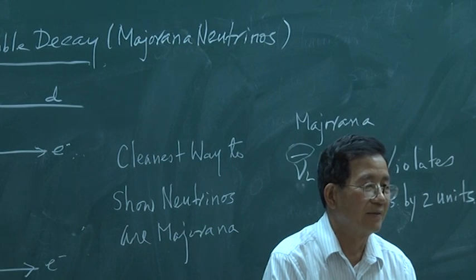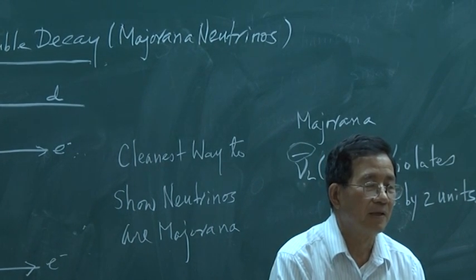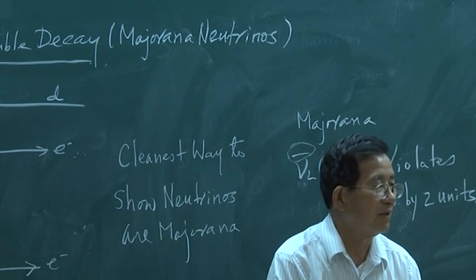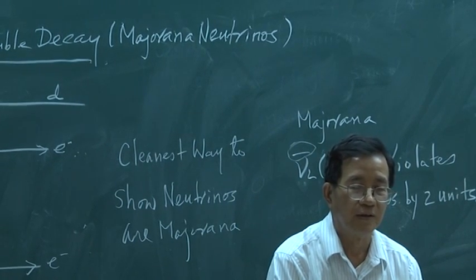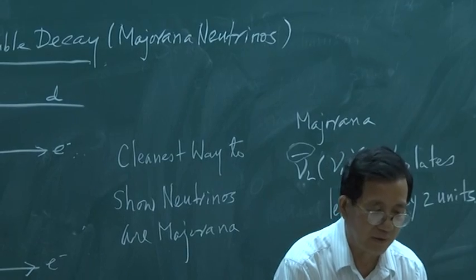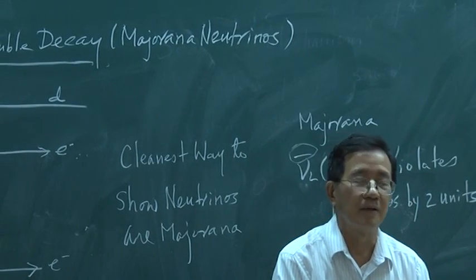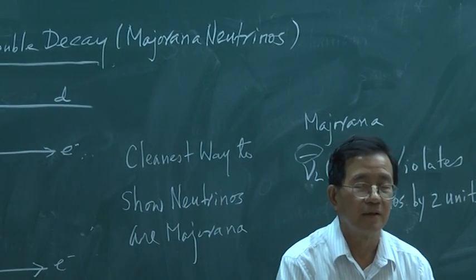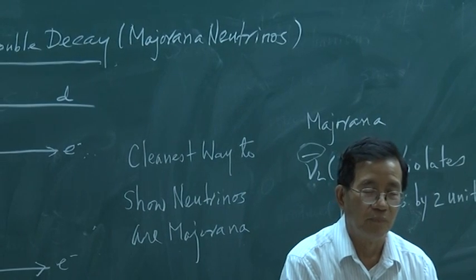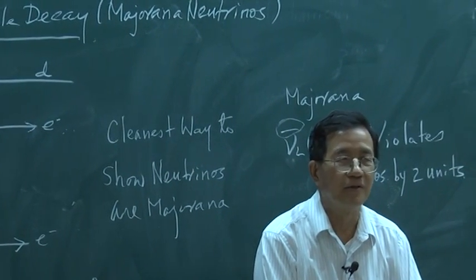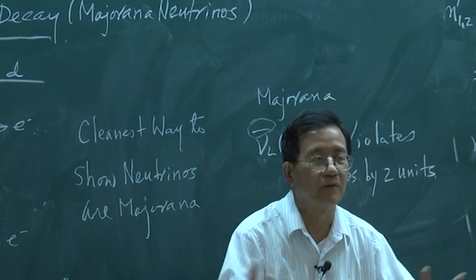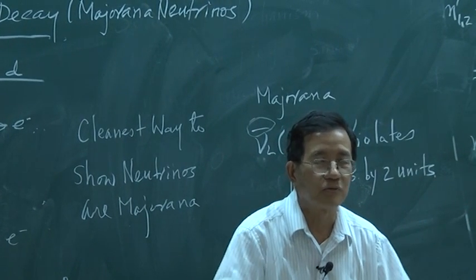Let me just say a few words: this series of lectures are memorial lectures in honor of Professor Crow. When I was a student here in the late 1950s, when I entered Taida, I really didn't know anything about physics. All I learned was high school physics.